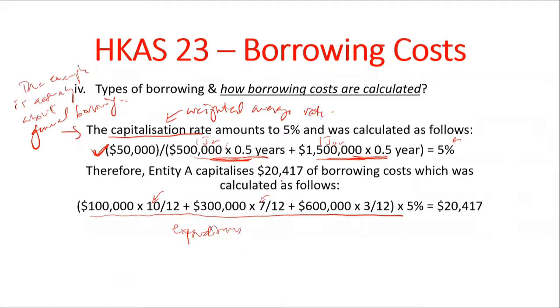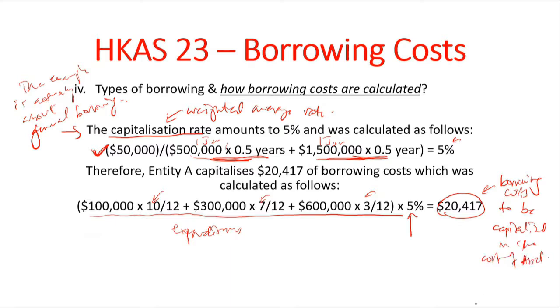So you have 7 months here, and then 3 months here, right? You will take into account the time factor and the expenditures, and then multiply it by the weighted average rate, or the capitalization rate, to calculate the borrowing cost. So these are the borrowing costs to be capitalized in the cost of the asset. So you will capitalize 20,000. Entity A will capitalize $20,417.